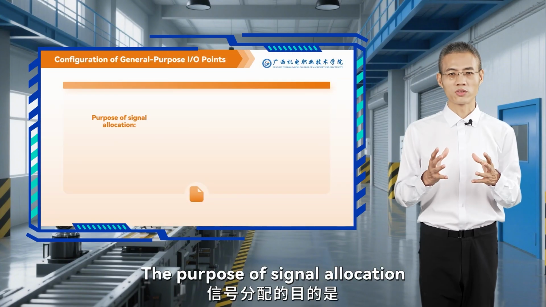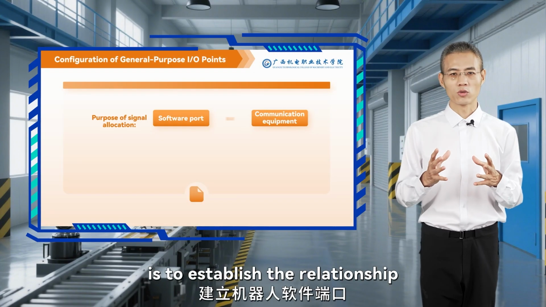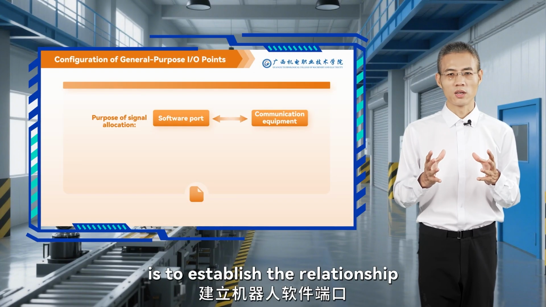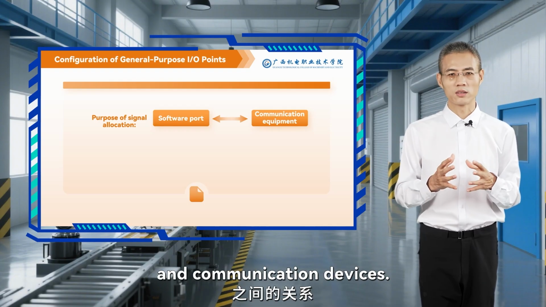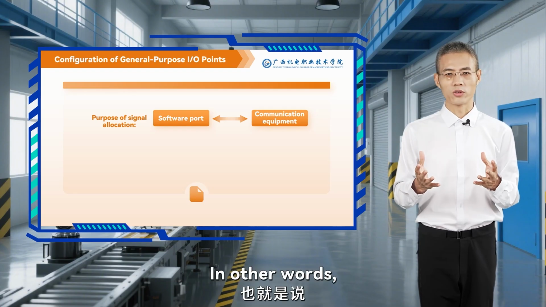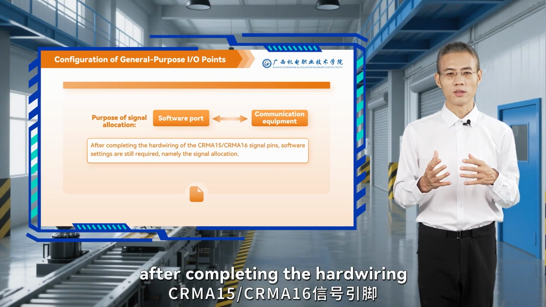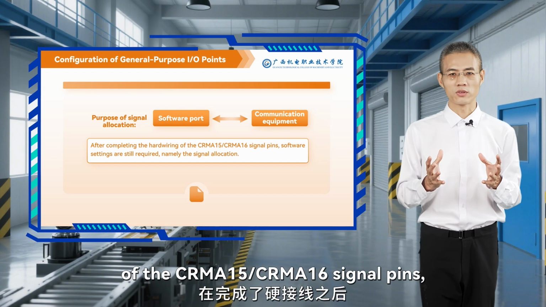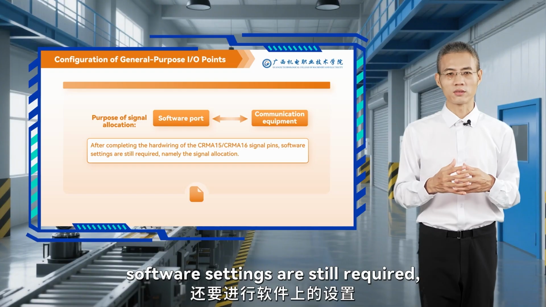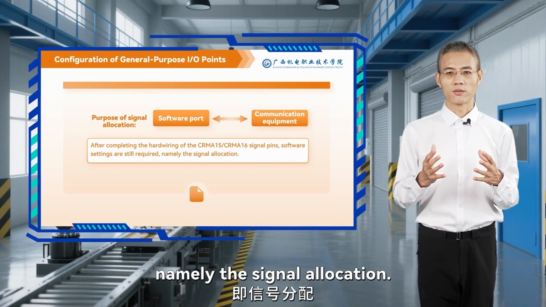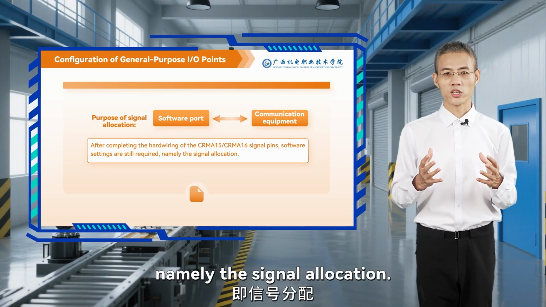The purpose of signal allocation is to establish the relationship between the robot's software host and the communication devices. In other words, after completing the wiring of the CRMN15, CRMN16 signal pins, software settings are still required, namely the signal allocation.